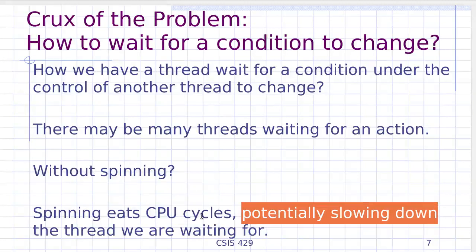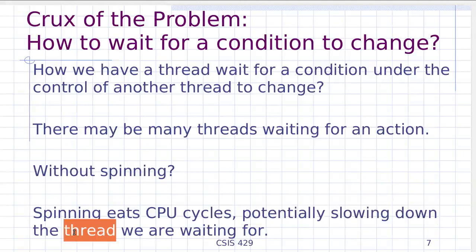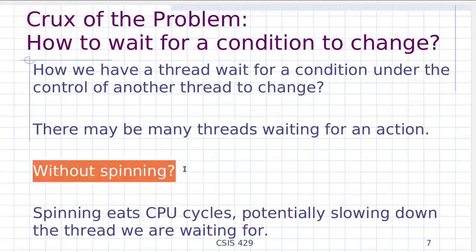If a bunch of threads that rely on some other thread to change something are all running on the same core, then you are slowing down the thread that can change things. That's the one we're waiting for, and so we're slowing down the program as a whole. So that's why we want to avoid spinning. Spinning does work, but it's not a good thing.